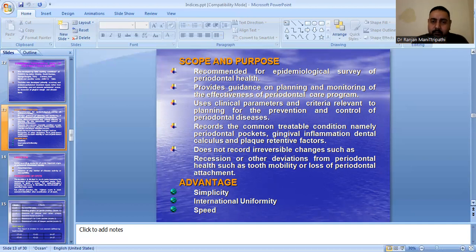It records the common treatable conditions, namely periodontal pockets, gingival inflammation, dental calculus and plaque retentive factors. It does not record irreversible changes such as recession, or other deviations from periodontal health such as tooth mobility or loss of periodontal attachment.